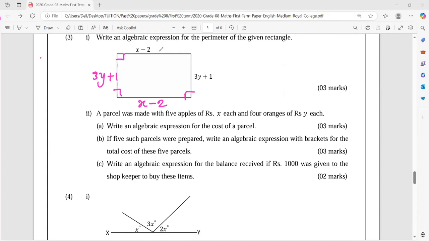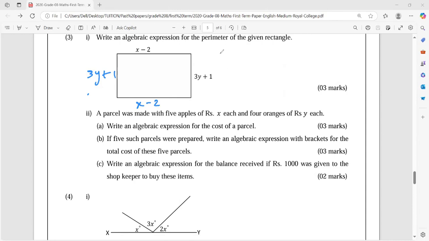It has been said that this side is equal to this side, and this part will be equal to this part, right? So we will mark the values. This 3y plus 1, x minus 2, right?